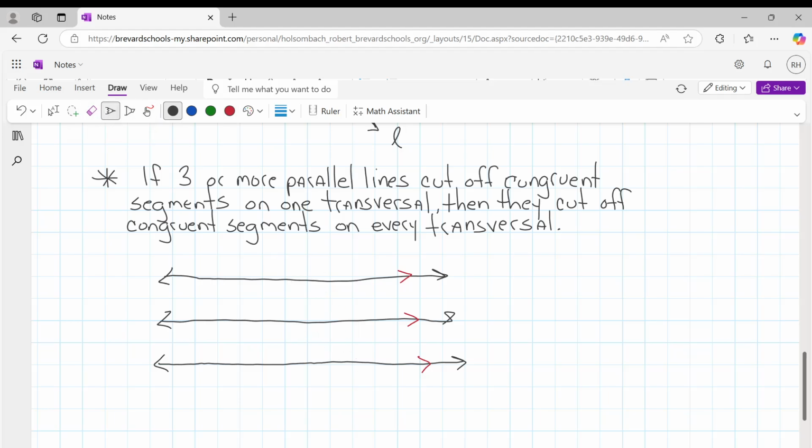All right, three parallel lines cut off congruent segments on one transversal. So if we put a transversal in here, and we say that this segment is congruent to this segment.